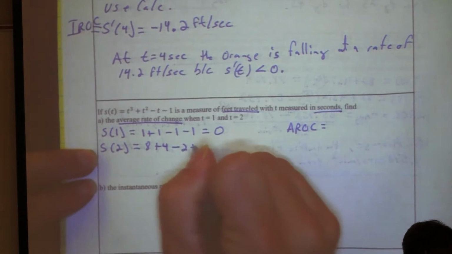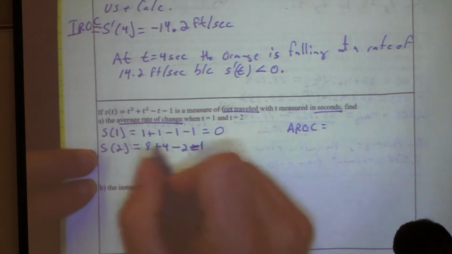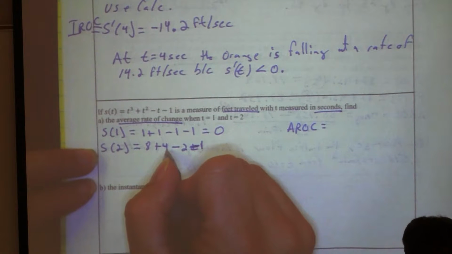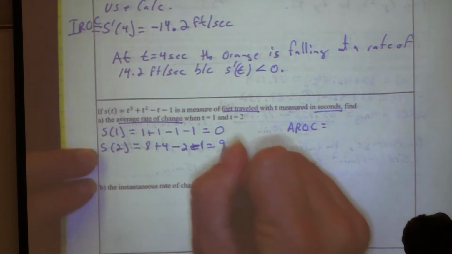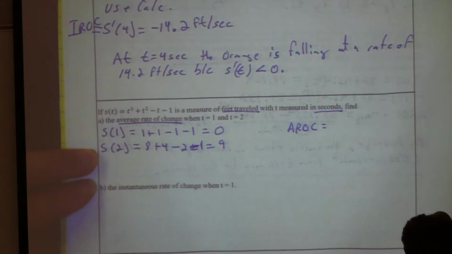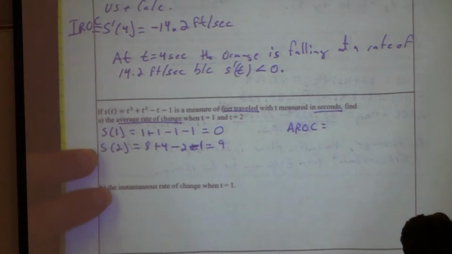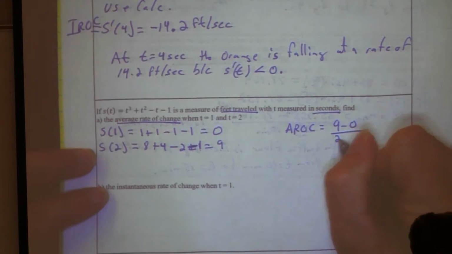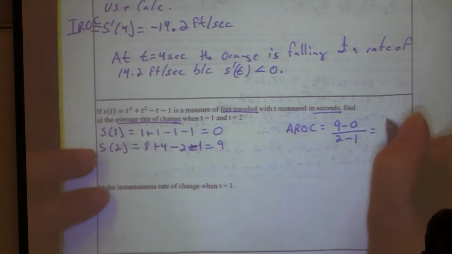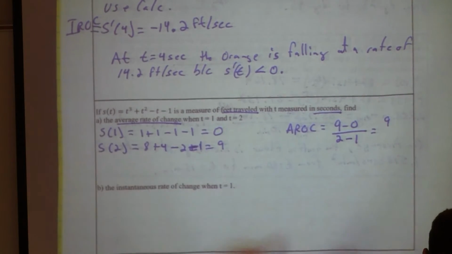Minus 2, minus 1, sorry. So 8 plus 4? 12. 12 take away 2, take away 1? 9. Okay. So do I have my Y values? Yes. Alright, what would be my average rate of change? 9 minus 0 divided by 2 minus 1, which is just 9.